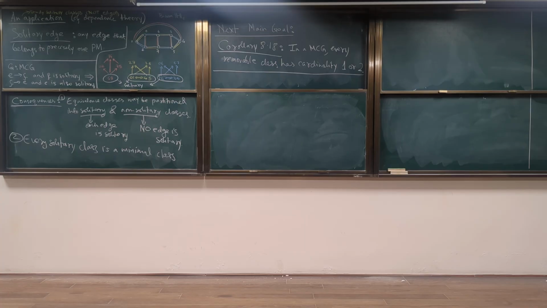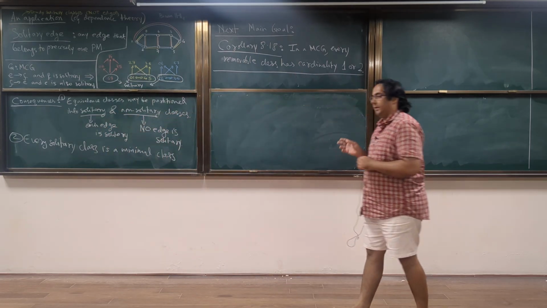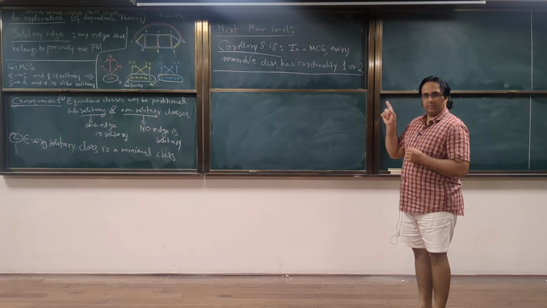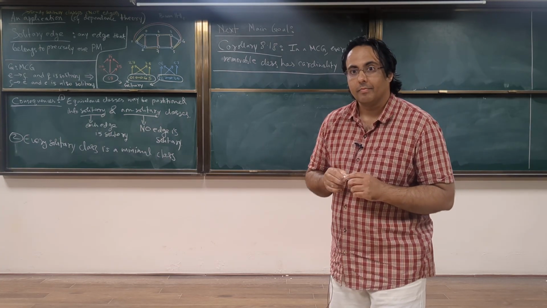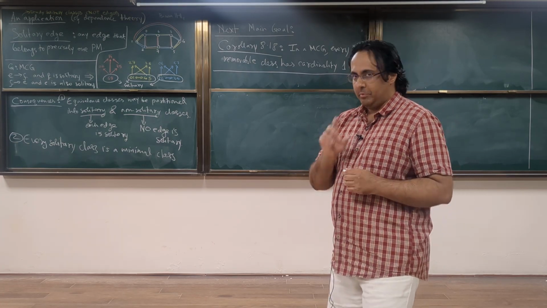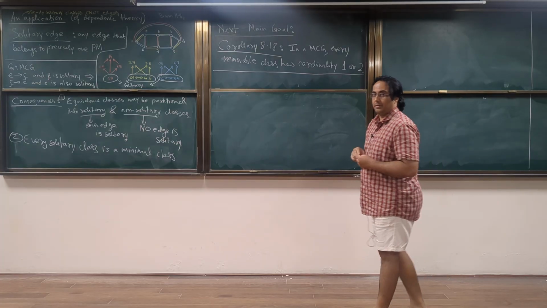Okay, any questions, concerns so far? Okay, but before we get there, let us continue studying dependence. Any issues? So it is not true for minimal classes. Minimal classes can be larger.